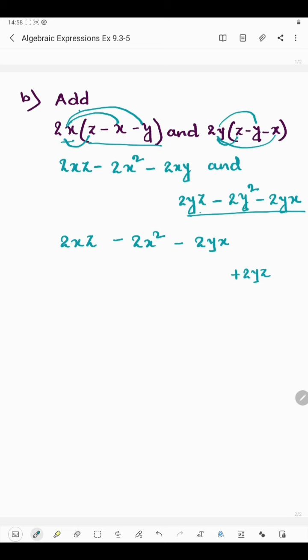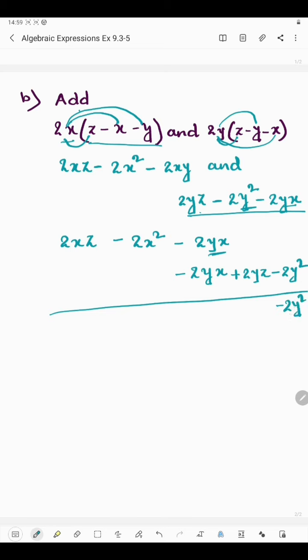Now the y square term is also not present, so we will put it at the end. And then we have yx. Now yx is here, so we'll put it below this, so minus 2yx. Now we will add this. Here with minus 2y square no number is present, so we will keep that as it is.